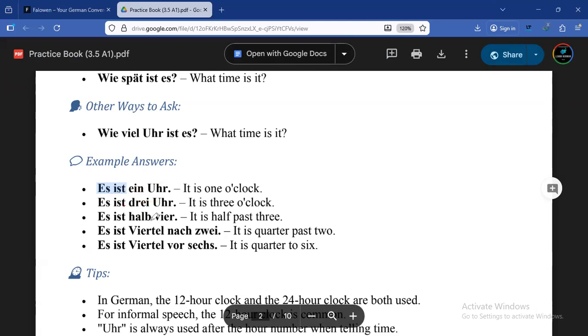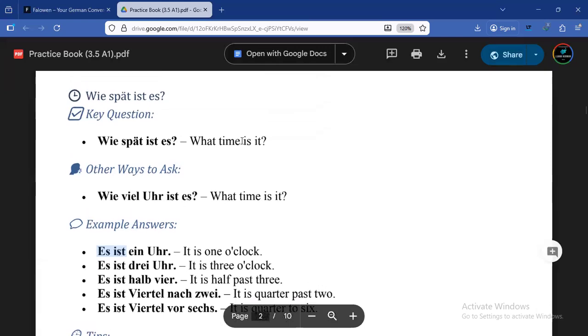When it is half, we count 30 minutes, so half here is going to be 3:30. And Viertel is 15 minutes. So "Es ist Viertel nach 2" implies that it is 2:15. And "Es ist Viertel vor 6" is 5:45.